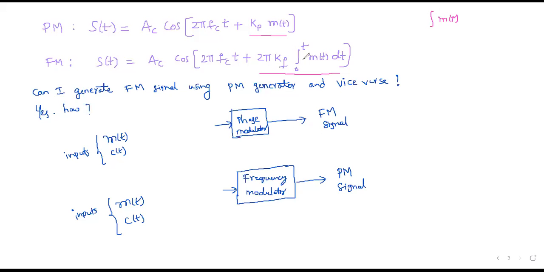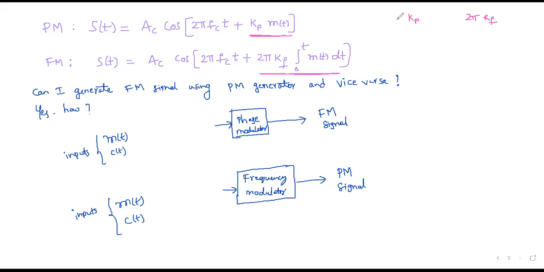Can't we get the FM signal? If you compare this term and this term, what is the difference? I have Kp there and I have 2 pi into Kf there.